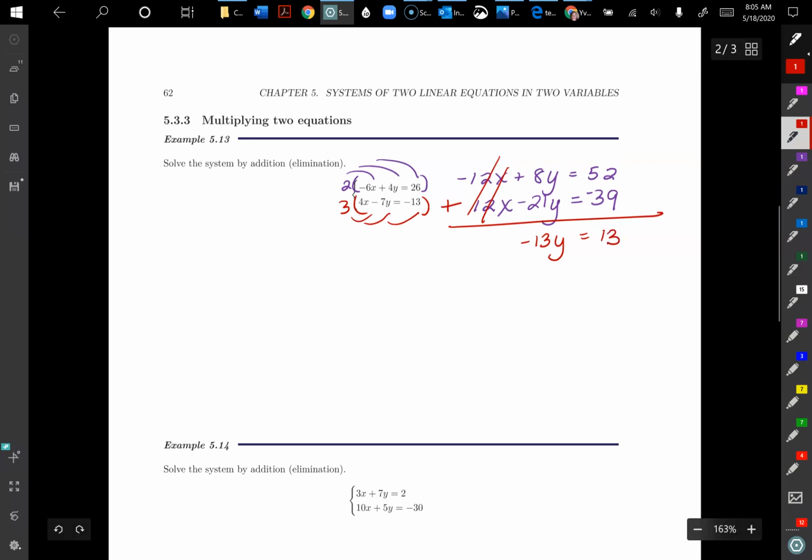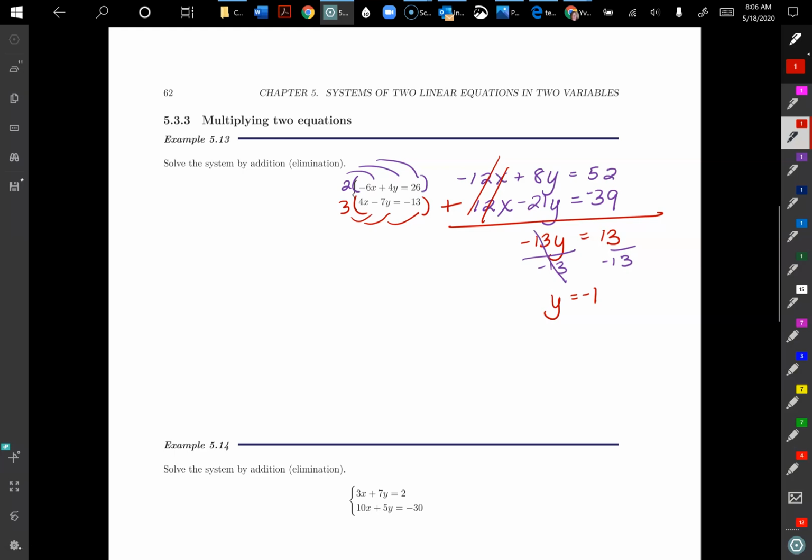Do make sure everything's lined up with your like terms. That's definitely important, as you'll see later if they're switched around. And then we end up with y equals negative 1. Okay, so that's my y value. Again, I can back sub that in, or I can eliminate the y's and do it that way.